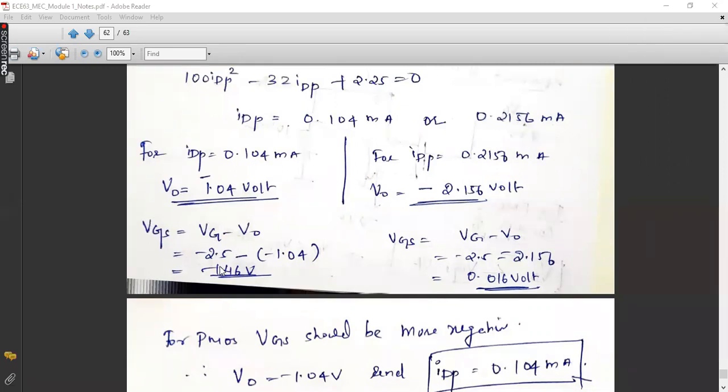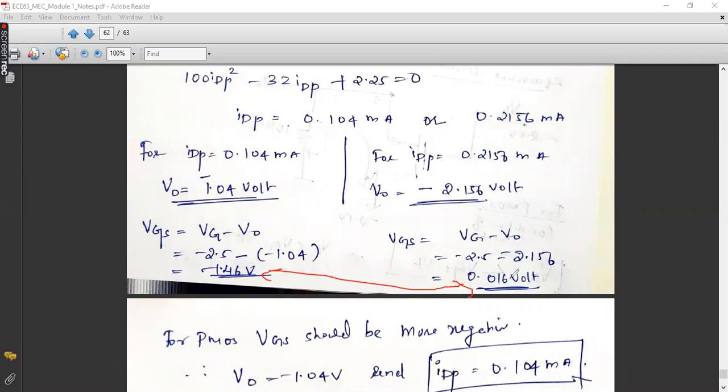Please check if there is any computational mistakes here. Sir, when V naught is minus 2.156, then VGS is minus 0.344, sir. Okay. Here, you're talking about VGS, no? Yes, sir. So minus 2.5 plus 2.156.